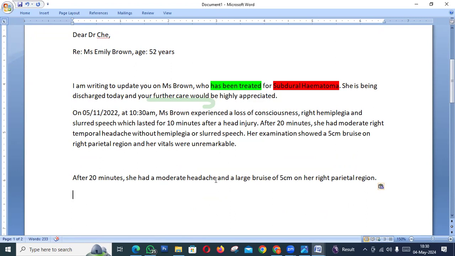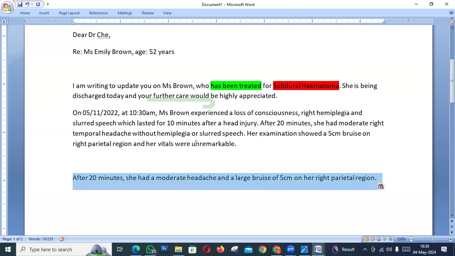I have not mentioned the region of the headache, but I mention the parietal region. She had a moderate headache and a large bruise of 5 centimeter on her right parietal region. I have skipped even the examination because most of her findings are normal, she is not having slurred speech or any hemiplegia, just to make it concise.